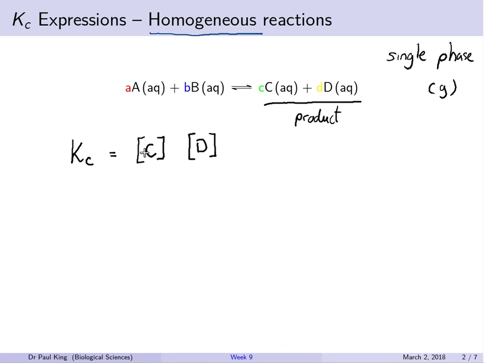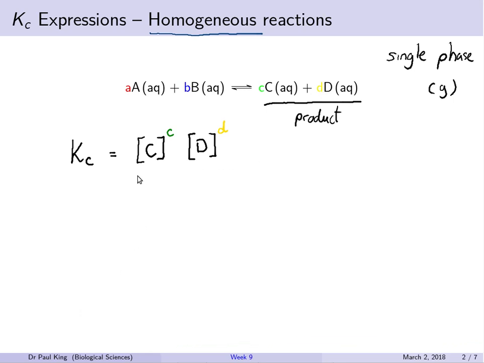So you can see that species C, that's this one here, has a number in front of it, which I've represented by a letter because this is just a general term, but that will then be the power to which we raise the concentration in the expression for the equilibrium constant. Similarly, we're going to write down the power for species D, and that will be the number that occurs in the chemical equation associated with species D.